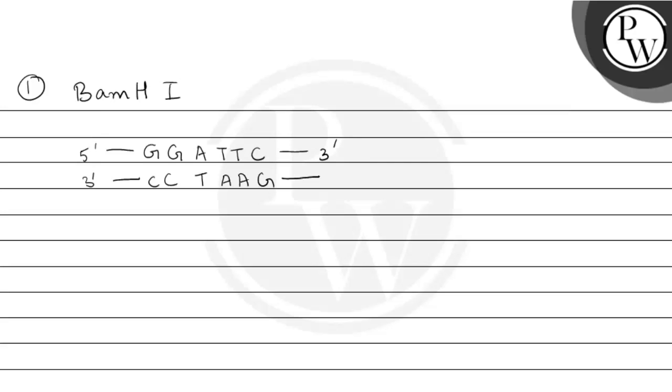Now, this BamHI cleaves the recognition site at this point and this point. Due to the cleavage, it results in the formation of two DNA fragments as follows. One of the DNA fragments will have the following end, and the other DNA fragment will have the following end.